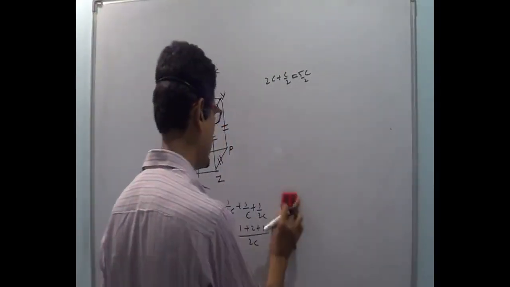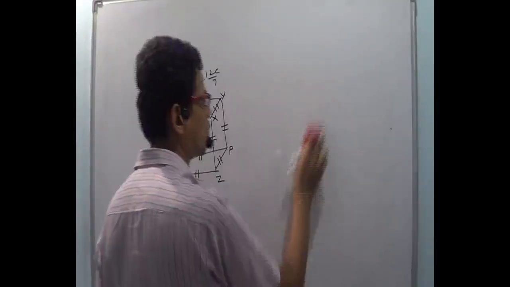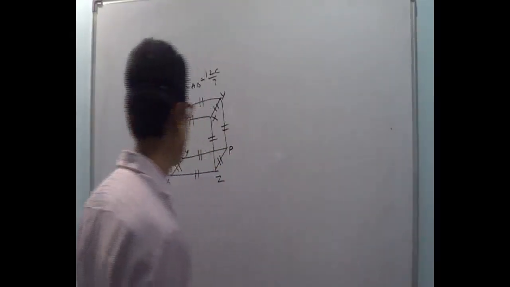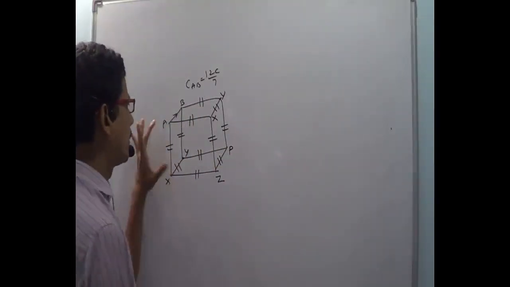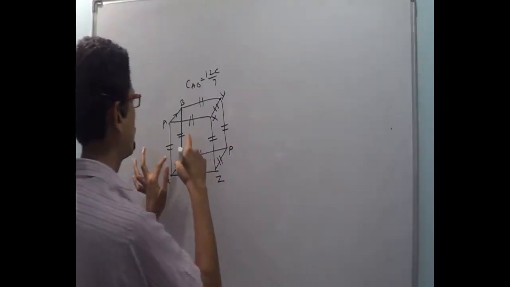Let's do it once again, look. How many capacitors do we have? Between A and X, how many do we have?